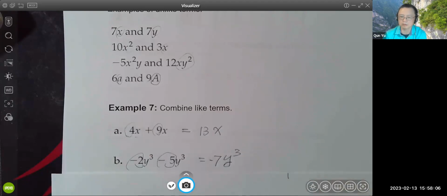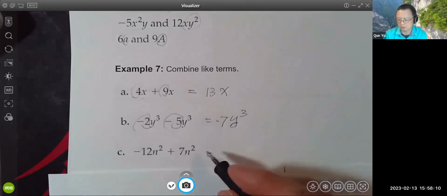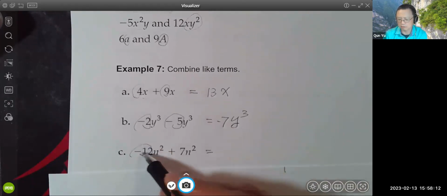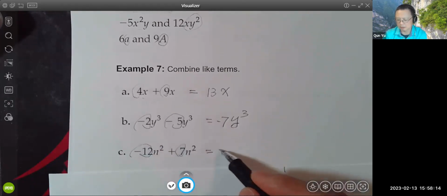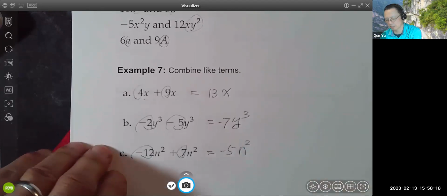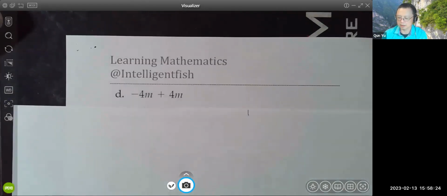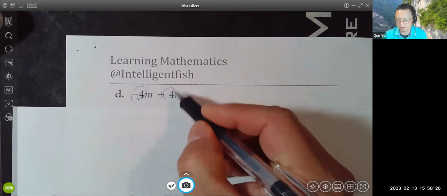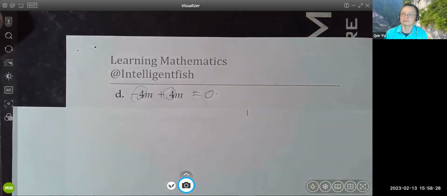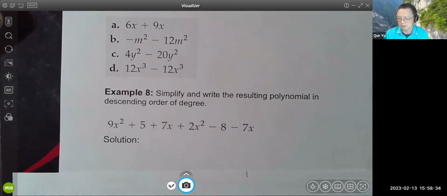Apple plus apple, you always get apple. Negative 12 combined with positive 7, that's negative 5. So we only check quantity when we combine like terms. Now, certainly these two are exactly opposite. The result is 0.